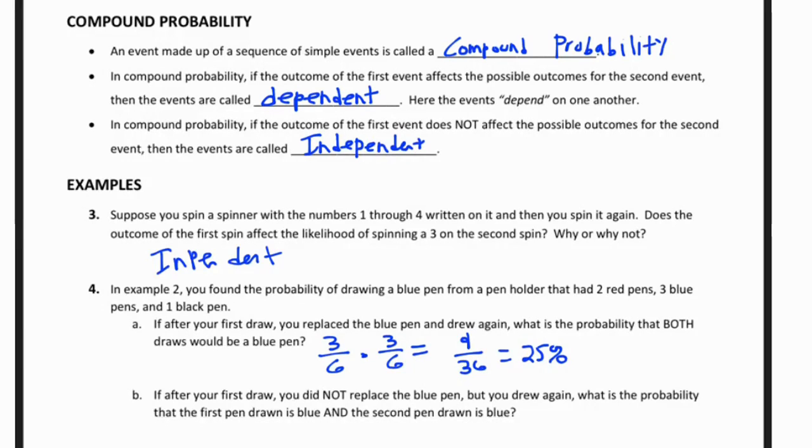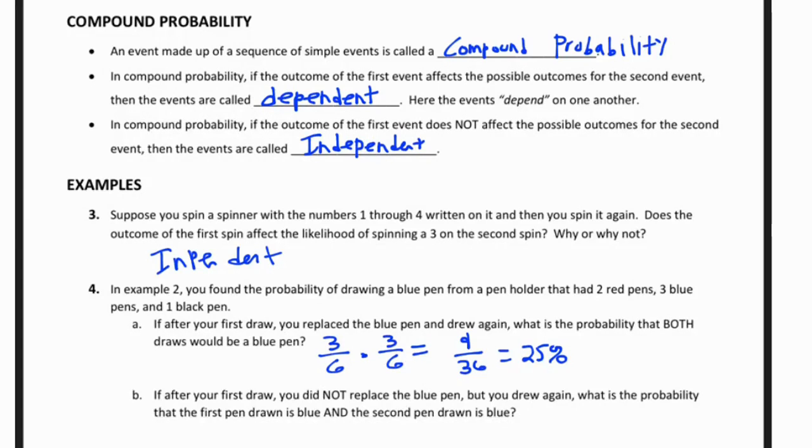Okay? So now on B, if after your first draw, you did not replace the pen, but you drew again, what is the probability that the first pen drawn is blue and the second pen drawn is blue? So let's go and think about this. Again, the first thing I want to draw is a blue pen.